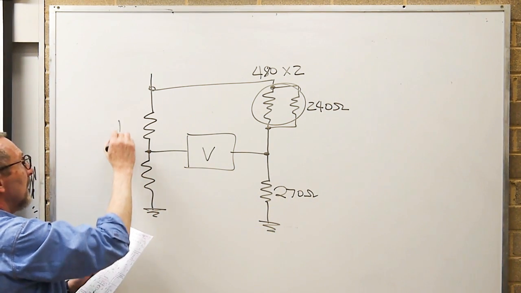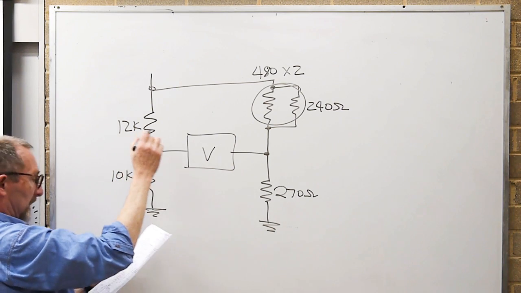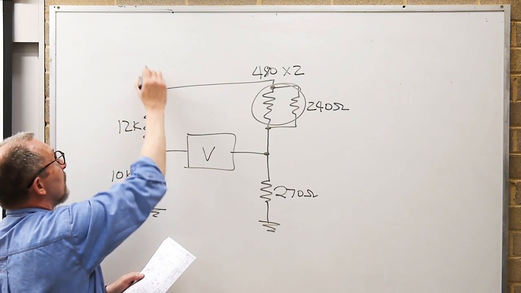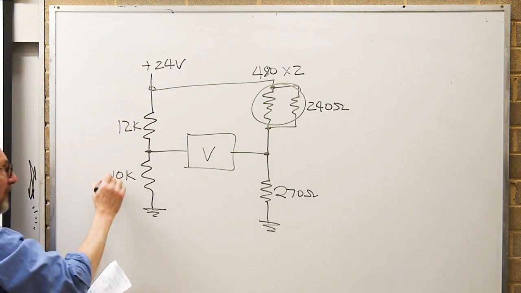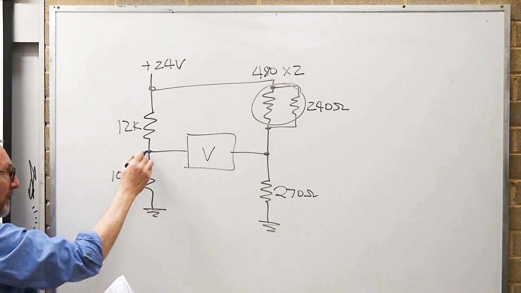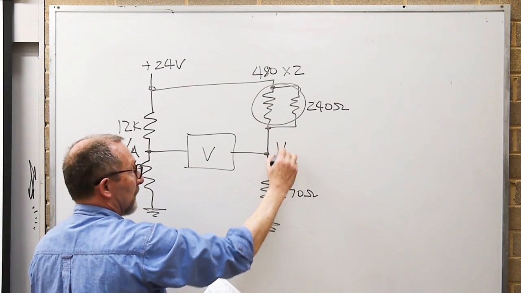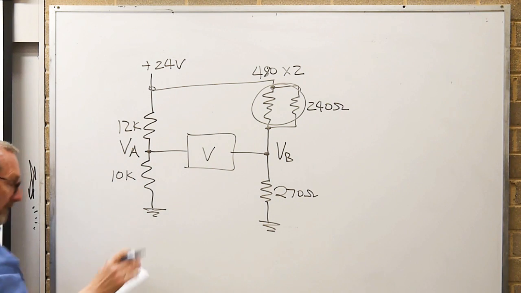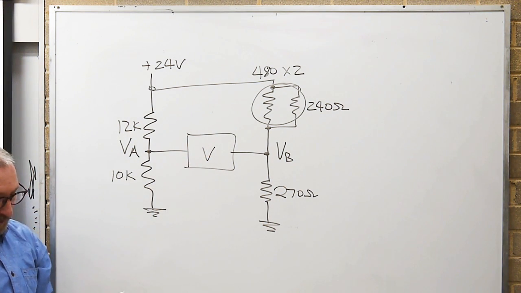This was 12K, 10K, and the applied voltage was 24 volts. To work out the voltage here, let's call that VA, let's call that VB. The whole question was based on solving what the voltage is on the meter. It was multiple choice.